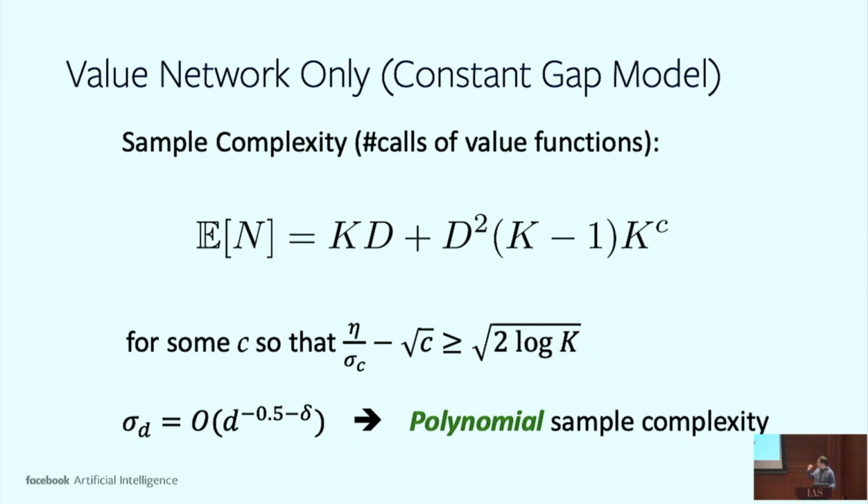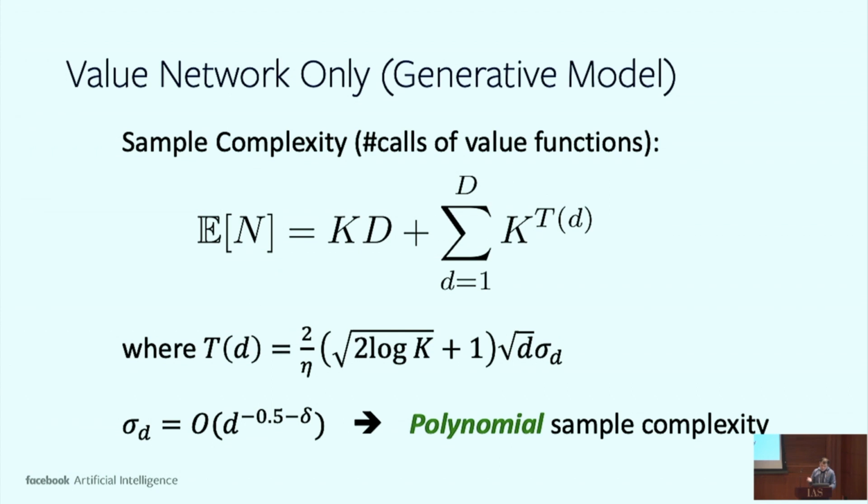So if sigma, the standard deviation of each layer, is decaying faster than the square root of d, then you can actually have a polynomial sample complexity, because C will be a fixed number that is not dependent on d. And you can also do the same thing for the generative model. In that case, you also see very similar conditions that will lead to polynomial sample complexity.